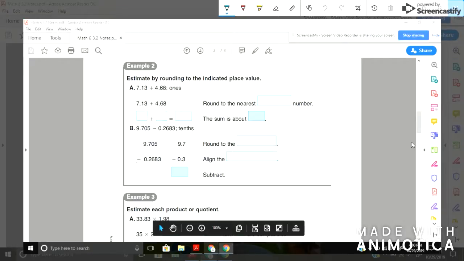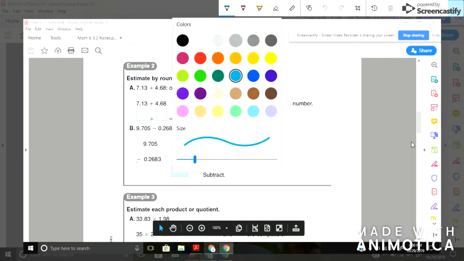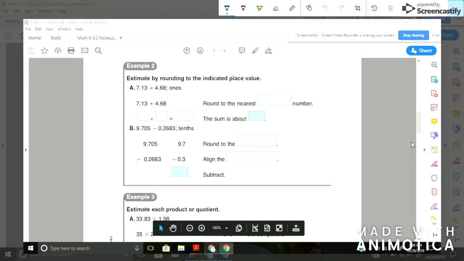And the problem wants us to round to the indicated place value. Well, they tell us in the description here to round to the ones place. The ones place is the place that's right next to or to the left of the decimal. So we need to round to that place value.